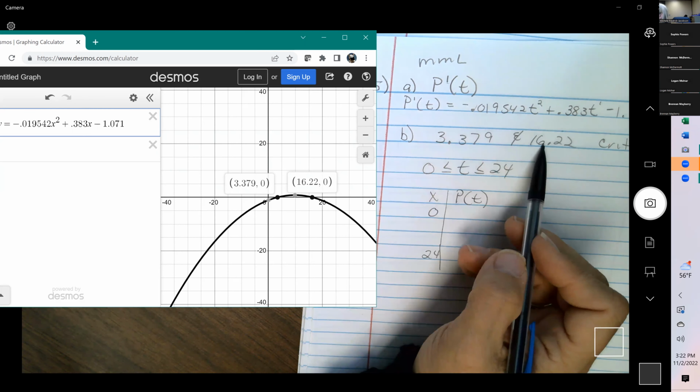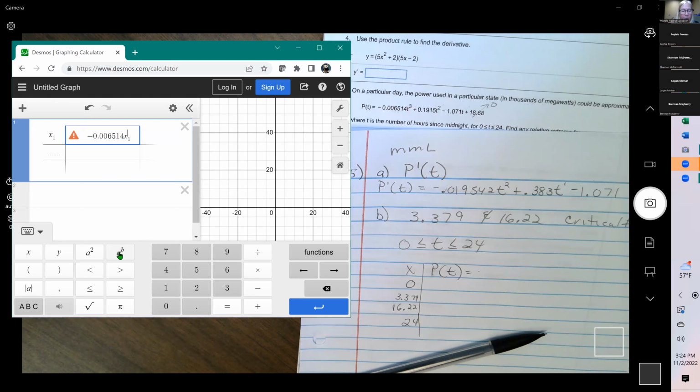Negative 0.006514. And then for the 1, you click X. When you push 1, it automatically goes down. You don't have to worry about the subscript. And then for cubed, you click on this A to the B and put your 3. And then use the right arrow to get back down.